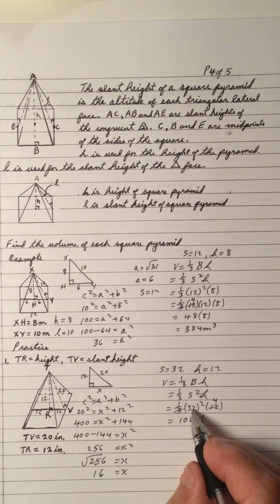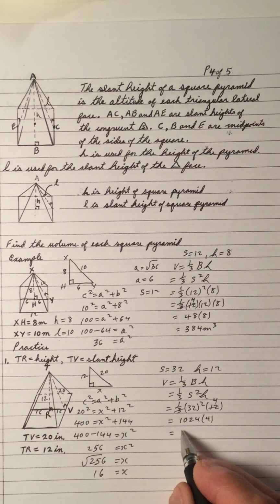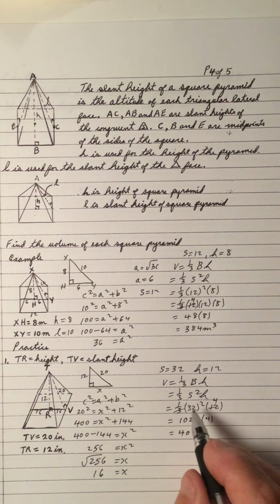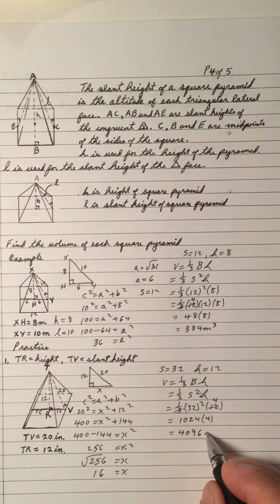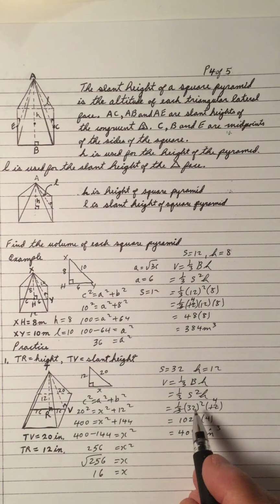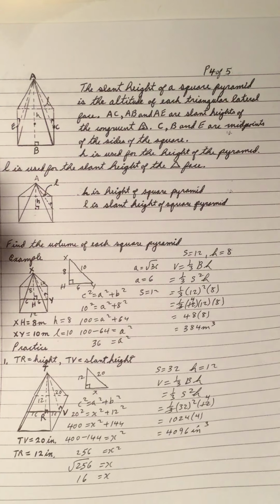So 32 squared is 1024 times 4, and that works out to be 4096, and our units are in inches, so it's cubic inches for volume. And again, you could have taken 32 squared times 4 and picked up 4096 right away.